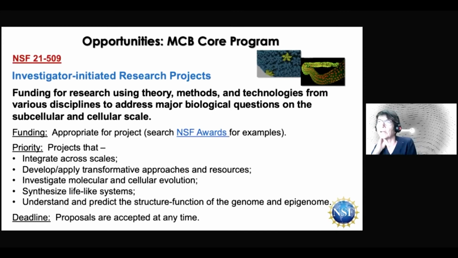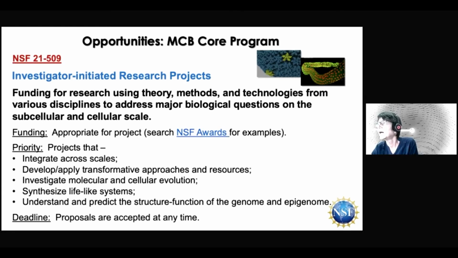If you want an idea of the breadth of research supported by MCB, you can go to the NSF Awards link there and look through our catalog. You can select only MCB awards and see what kind of research is currently being supported. As you've heard from the 4 clusters, we're looking at research that integrates across scales, and for transformative approaches.